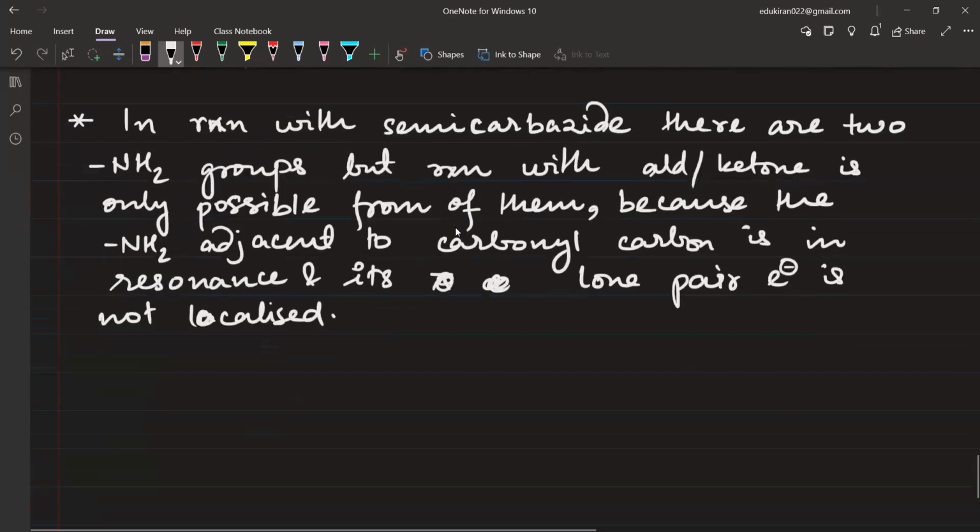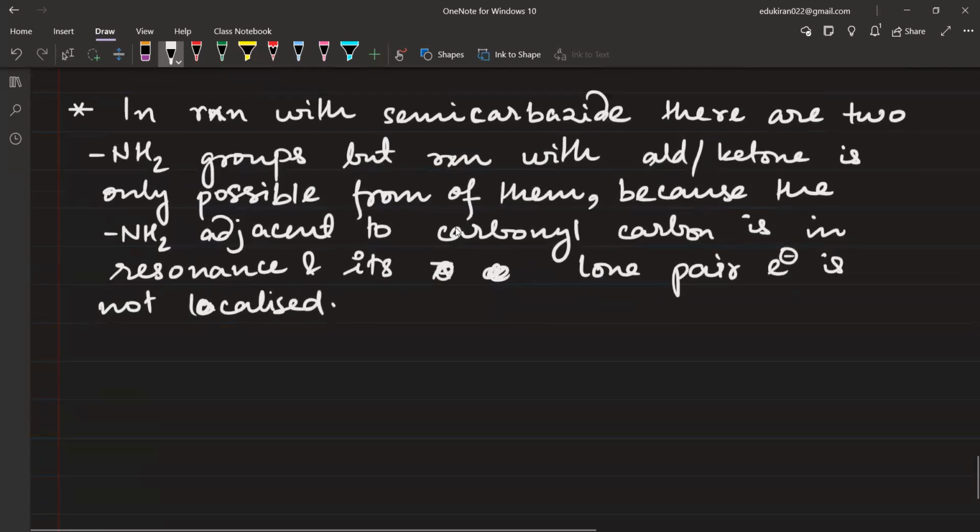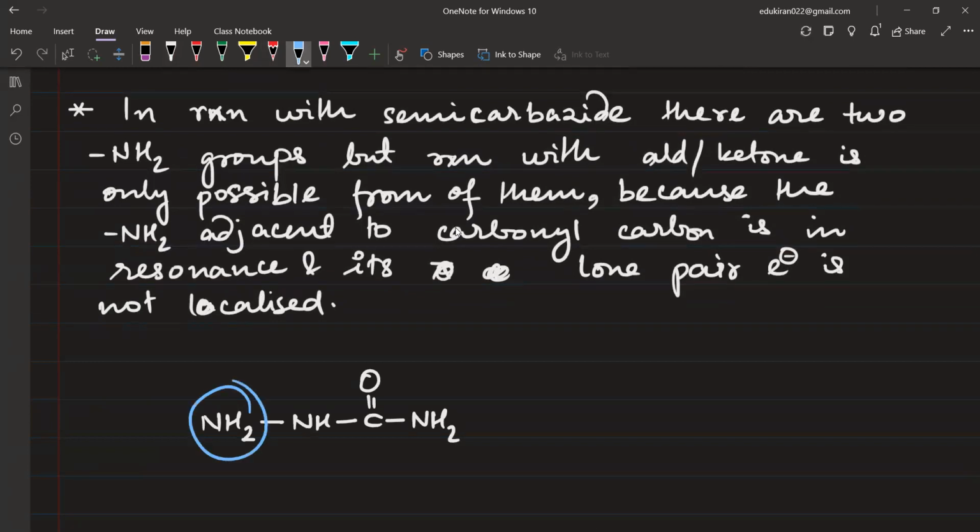What is it trying to say? What is semicarbazide? Please see here. NH2 bonded with NH, further bonded with C double bond O, further bonded with NH2. So here we have two NH2 groups. We have this blue NH2 and then this red NH2.